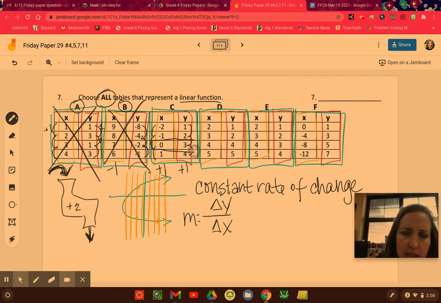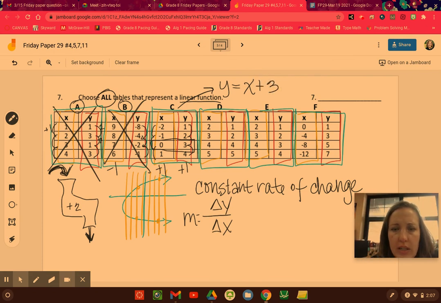It's when x equals 0, and we have it on our table. When x equals 0, y equals 3. So this I could rewrite as y equals 1x, or just x, plus 3, the y-intercept. So C is definitely a linear function.